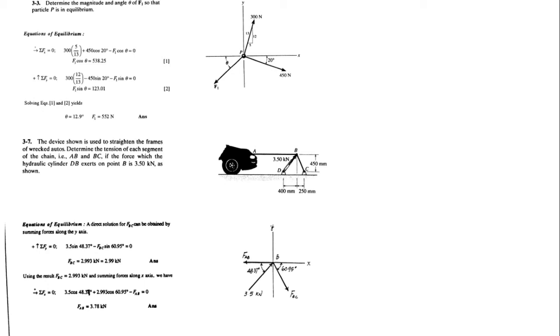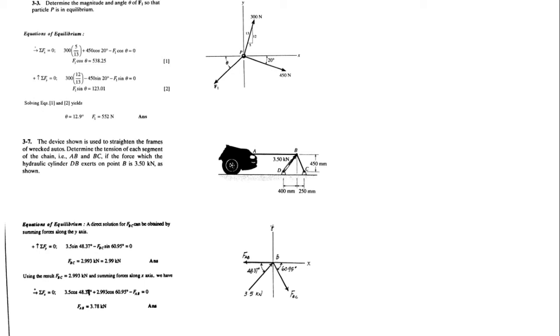One force, 3.5 kilonewton, is acting, the other force is force BC, and then there is a horizontal force AB. So these three forces are there, and from point B they have given you the vertical and horizontal respective distances.